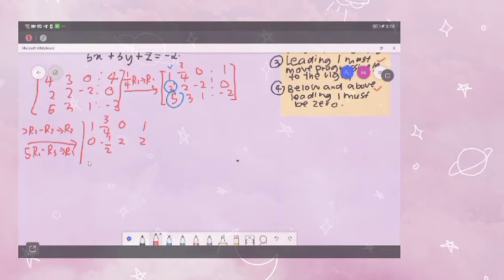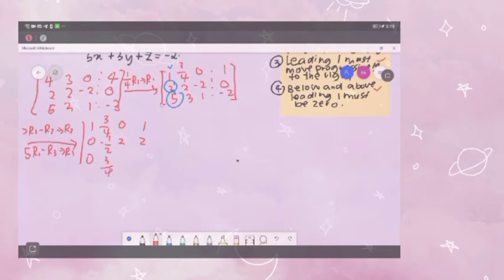So for row number 3, 5 times 1 minus 5 is equal to 0, and 5 times 3 over 4 is 15 over 4 minus 3 is equal to 3 over 4.